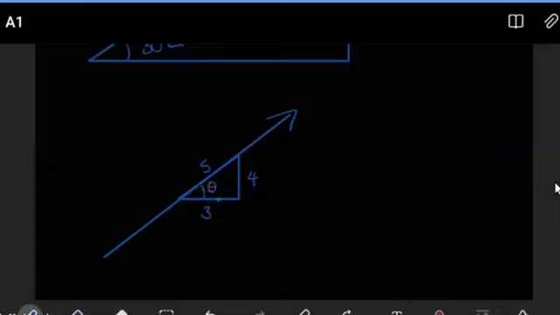Instead of going directly to find theta, they'll do this. They'll say cos theta is equal to 3, adjacent over hypotenuse. Then they'll also say that sine theta, sine is opposite over hypotenuse. They'll say this is 4 over 5.